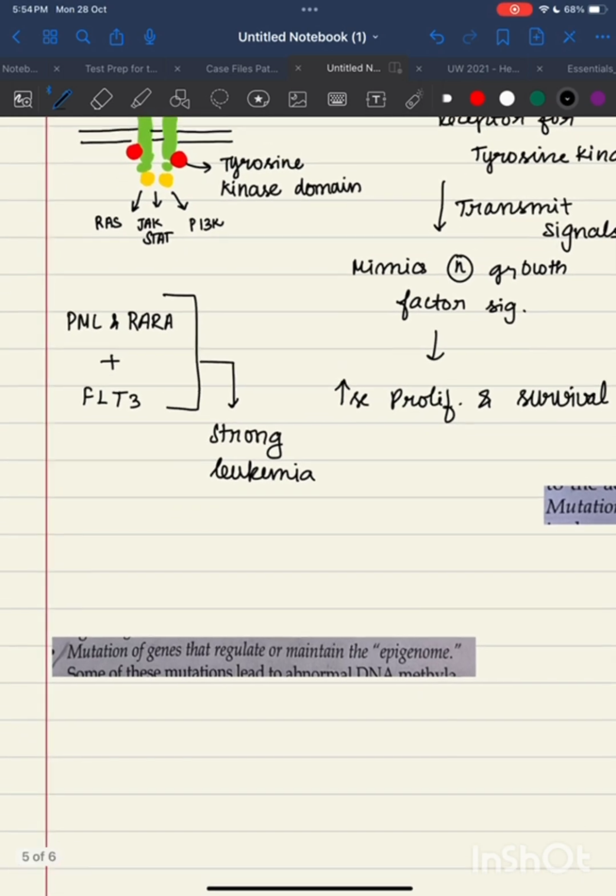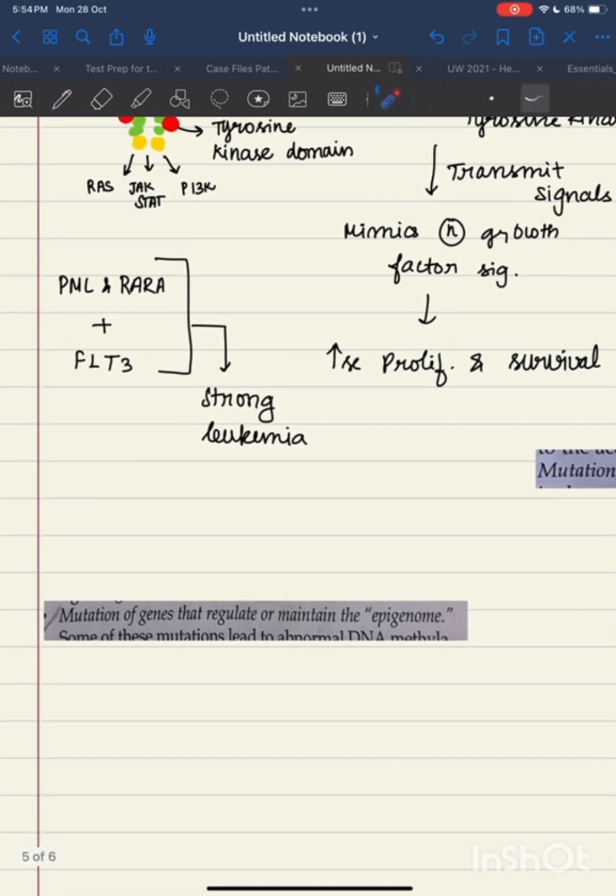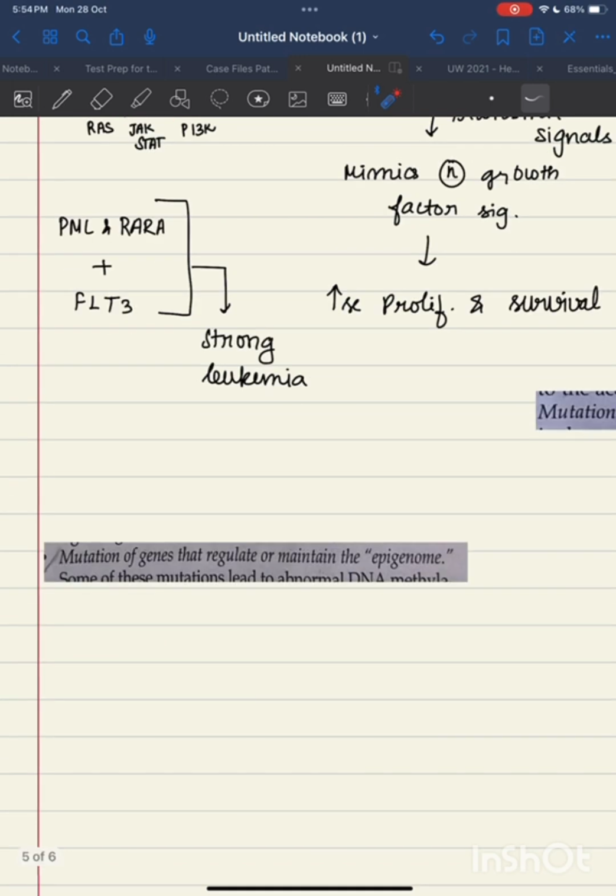Okay, next we are going to discuss mutation of genes that regulate and maintain the epigenome. Here we are going to discuss enzymes called IDH1 and IDH2.